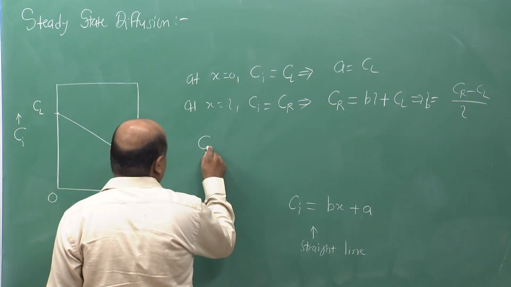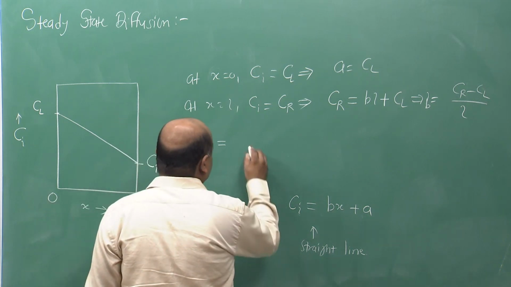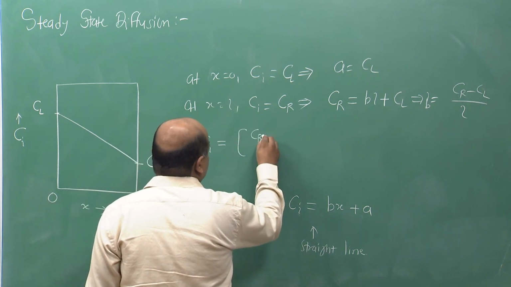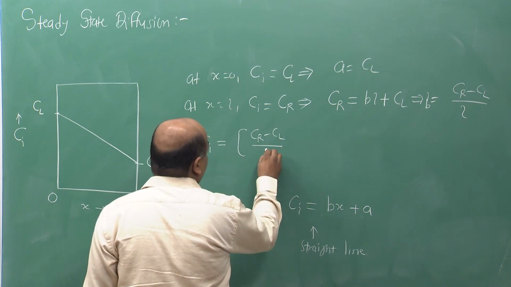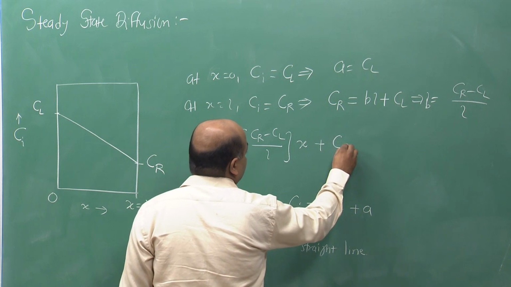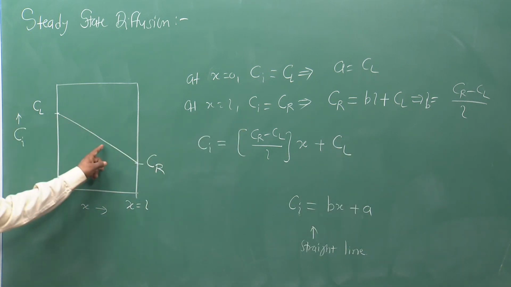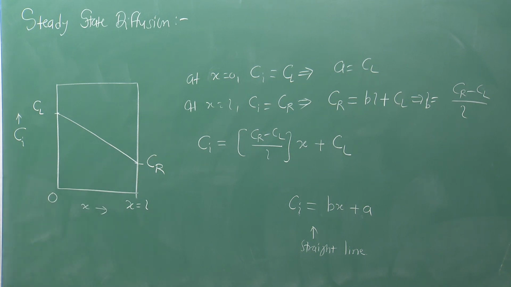So, we can write Ci is equal to Cr minus Cl divided by L times x plus Cl. So, this is the steady state equation when d tilde is constant.